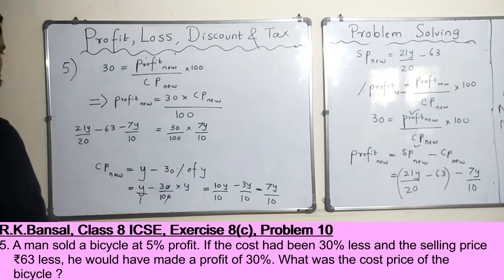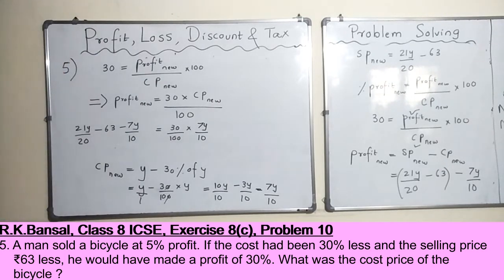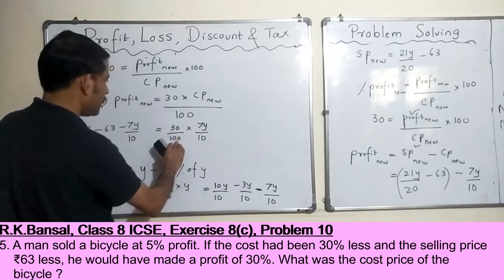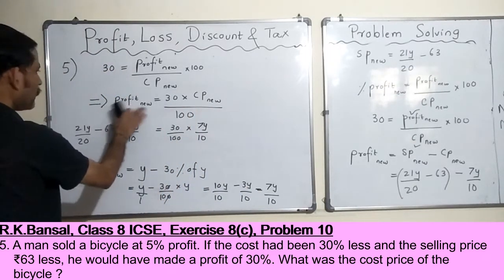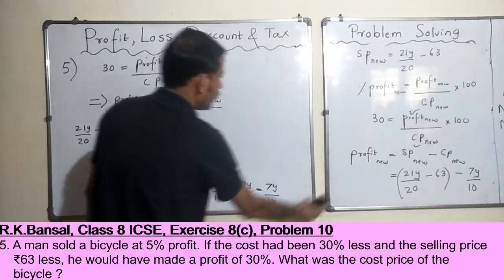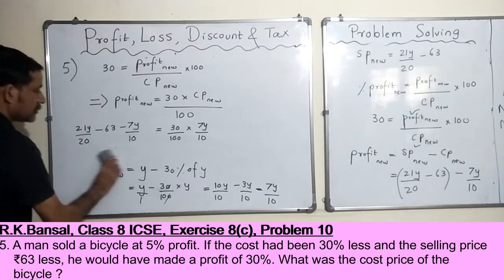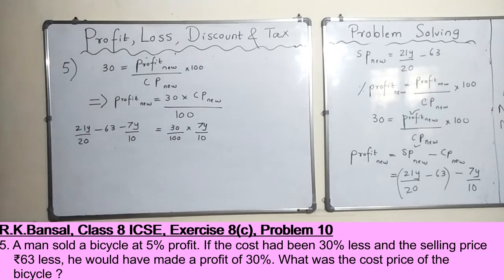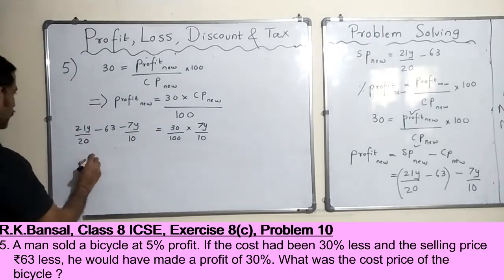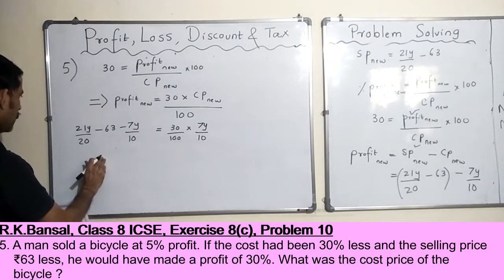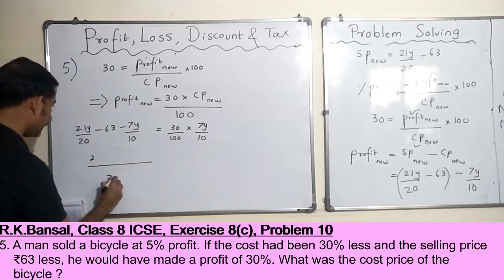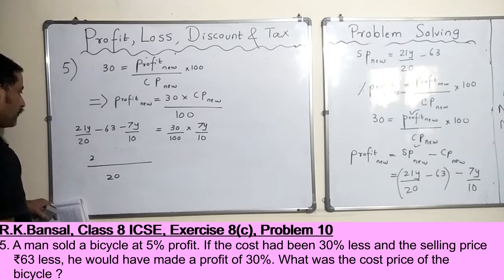Okay. So let's solve this. I hope you understood this. Cp new I just substituted from here. 30 by 100 is written here, and profit new I just copied from here. Sounds good. Let's take 20 as the LCM.